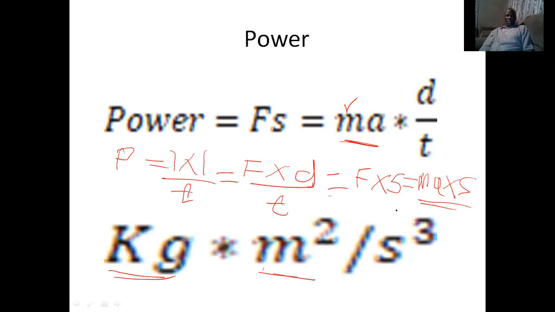And this t from the speed and the squared t from acceleration will give us second cubed.